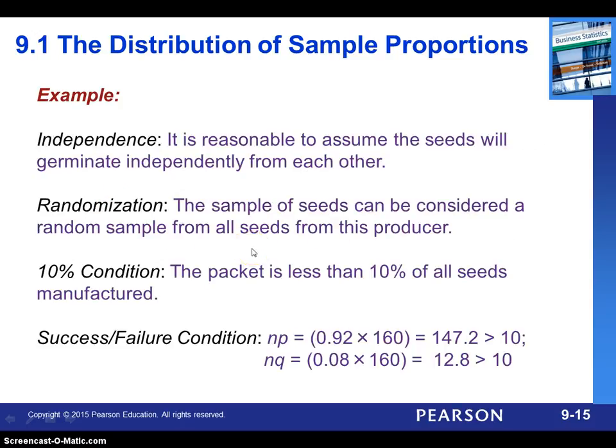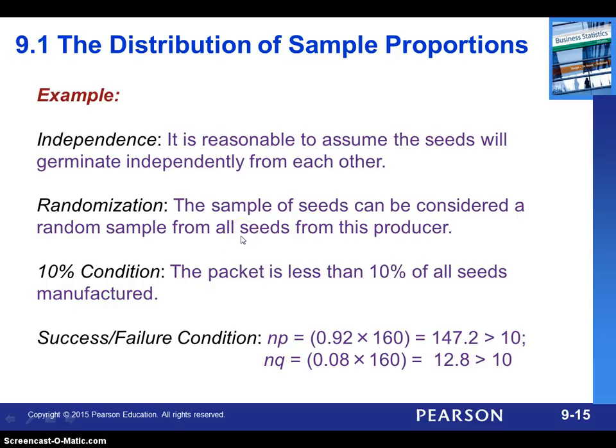So the first thing we're going to do is run through our conditions, make sure our constraints are met and that we don't violate any of our conditions before doing our mathematics. So independence: we have to ask ourselves, is it reasonable that one seed's germination is independent of another seed's germination? And we can assume yes, one seed germinating does not cause another seed to germinate, or vice versa.